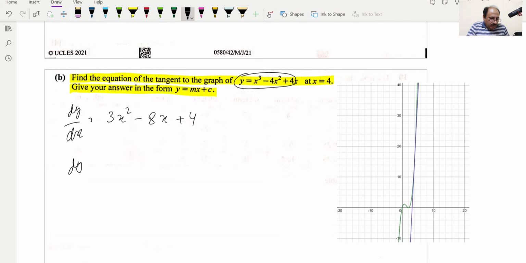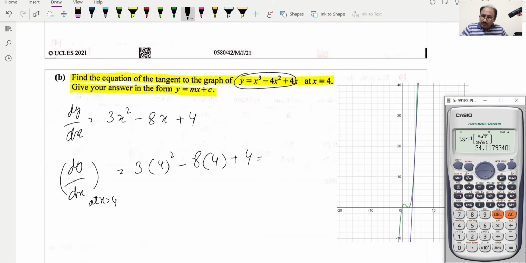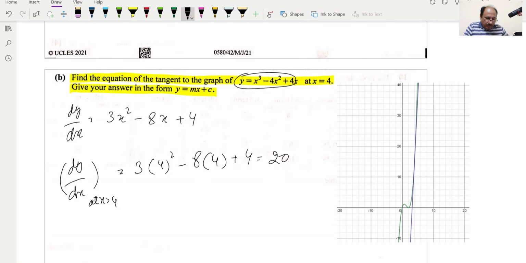So dy over dx at x is equal to 4 will be 3 into 4 squared minus 8 into 4 plus 4, and we can check, 16 times 3 is 48 minus 32 plus 4, and this is equal to 20. So the gradient value, m value, is basically 20.